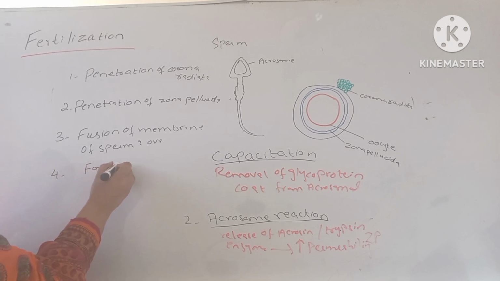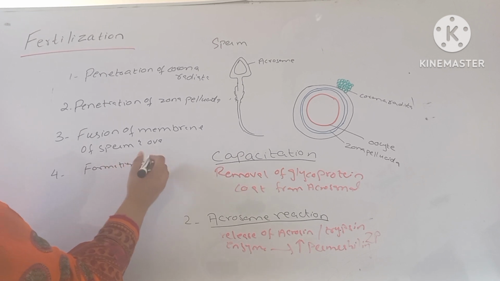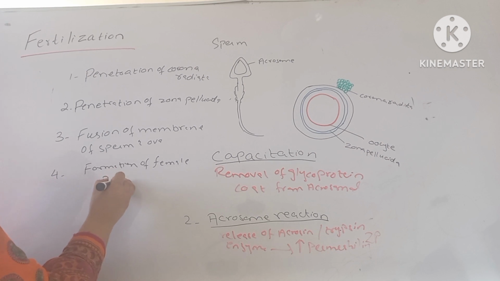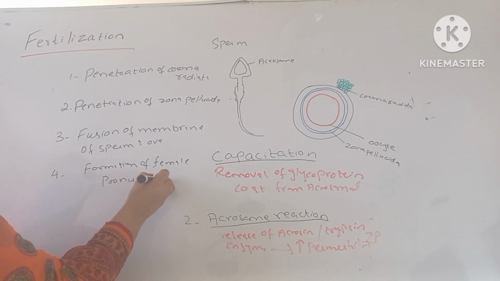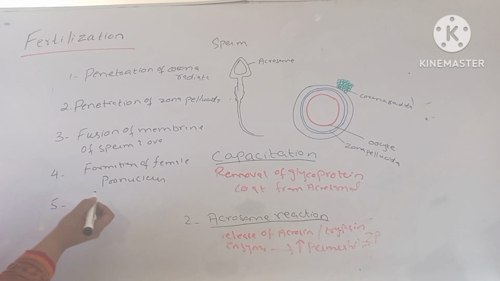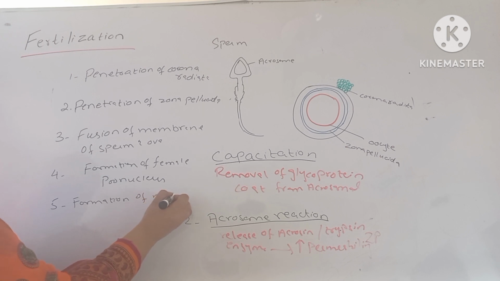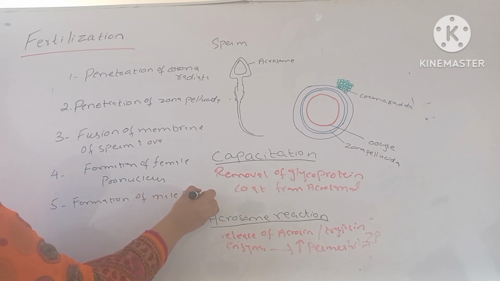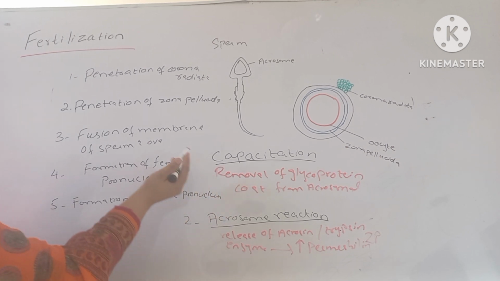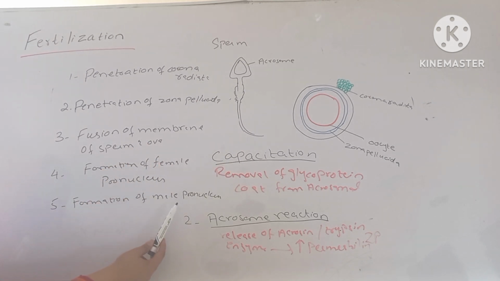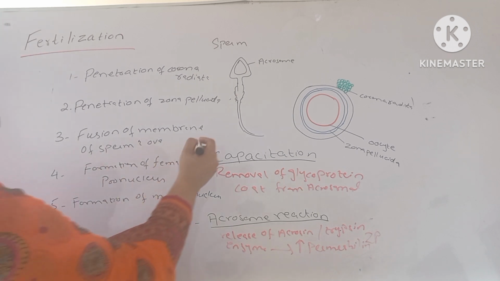Now the membranes of both the sperm and ova fuse, and in the fourth phase there is the formation of the female pronucleus, and in the fifth stage the formation of the male pronucleus. After the fusion of the membranes of the sperm and ova, the female pronucleus and the male pronucleus form.